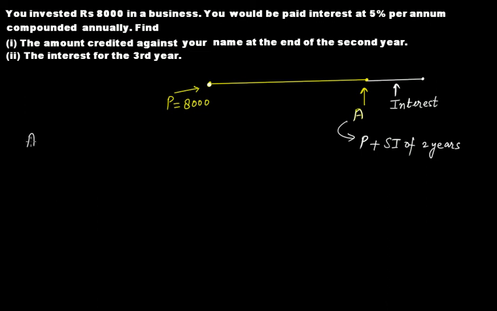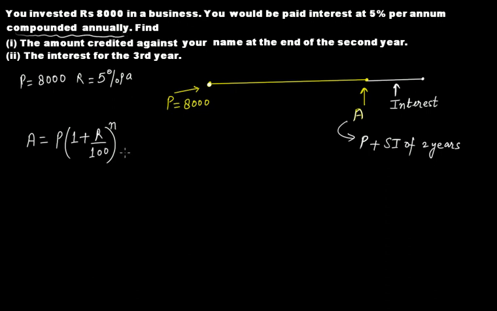So A will be equal to, P is 8,000, formula, let's write the formula. P(1 + R/100)^N. P is 8,000, rate is 5% per annum and compounded annually.